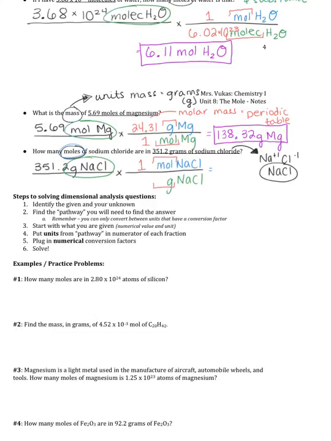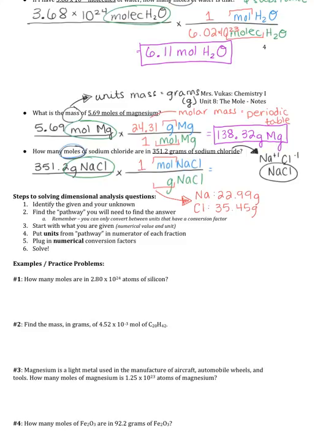Now, we need to get the molar mass of NaCl. Sodium has a mass of 22.99 grams. Chlorine has a mass of 35.45 grams. Remember, those numbers come from the periodic table.